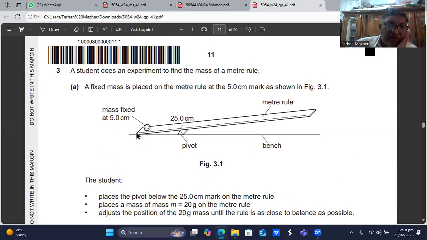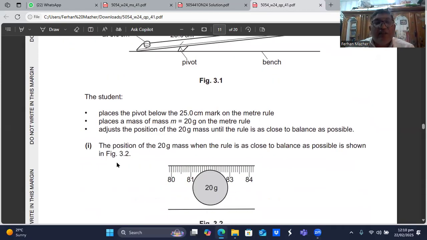From this zero end, at 5 centimeter here, we place the mass. At the 25 centimeter mark, we have a pivot. So between this point and this point, the moment arm will be 20 centimeter. And at 50 centimeter, the weight of the meter rule will be acting. So the distance of the center of gravity from the pivot will be 25 centimeter.